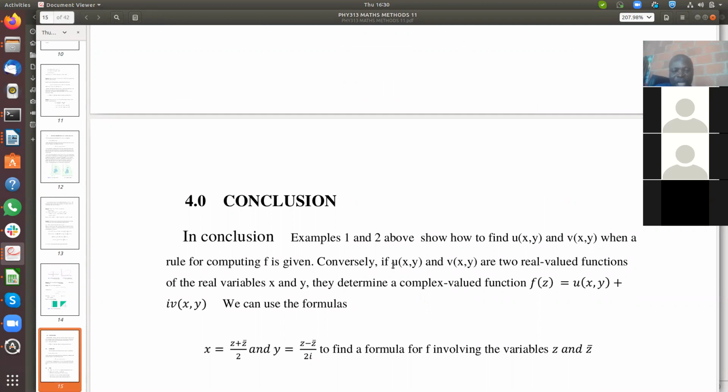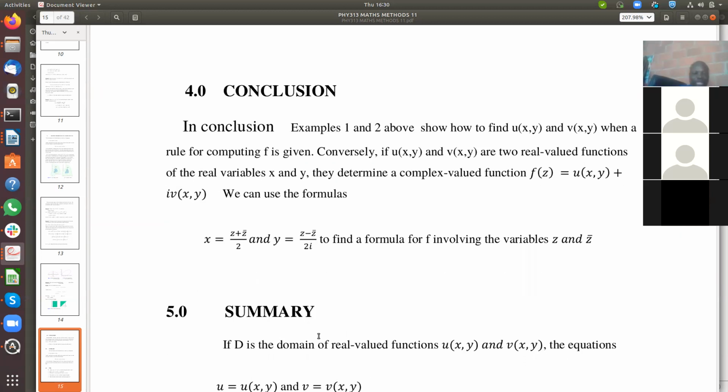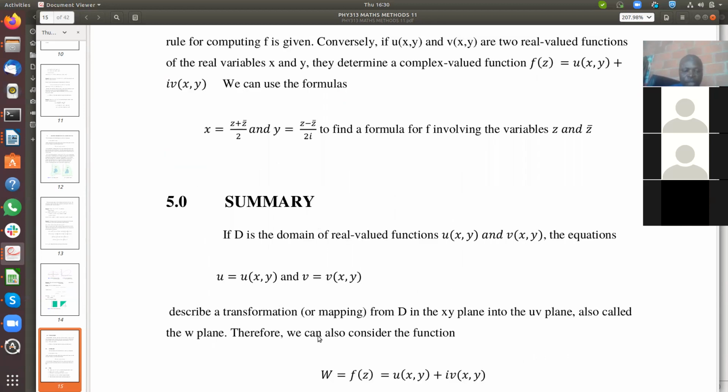Conversely, if u(x,y) and v(x,y) are two real valued functions of the real variables x and y, we can also determine a complex function f of z in this way. And I told you some minutes ago that your x can be written in this form and y in this form, which allow us to transform from x to z. Is that taken?